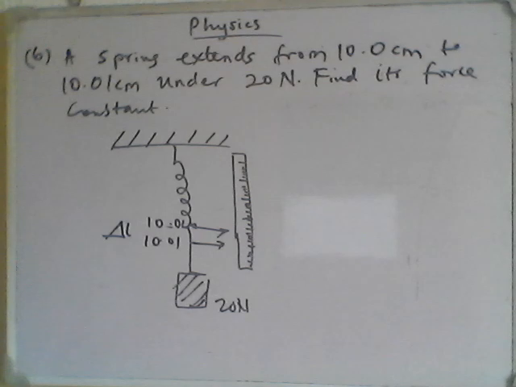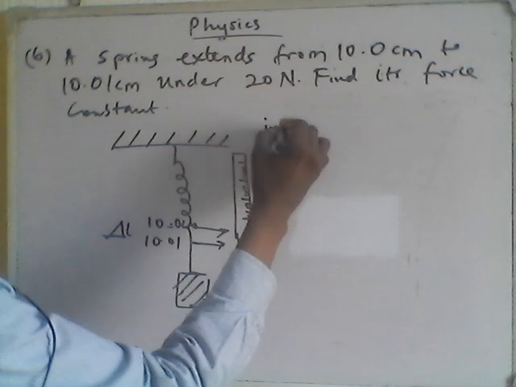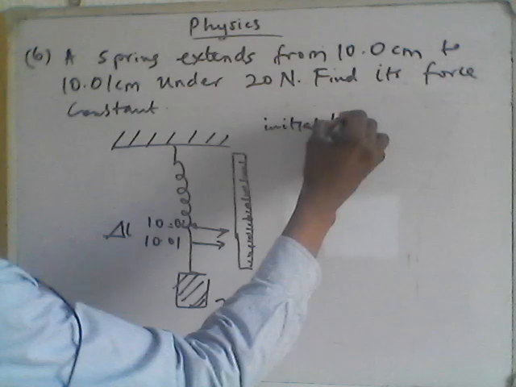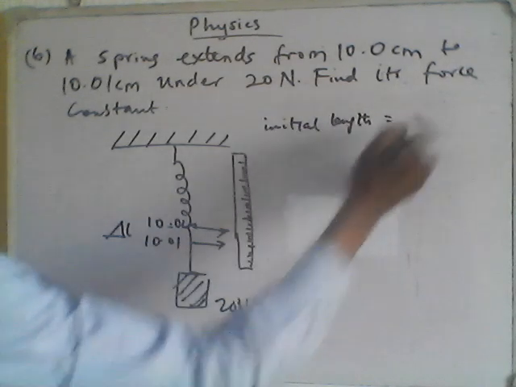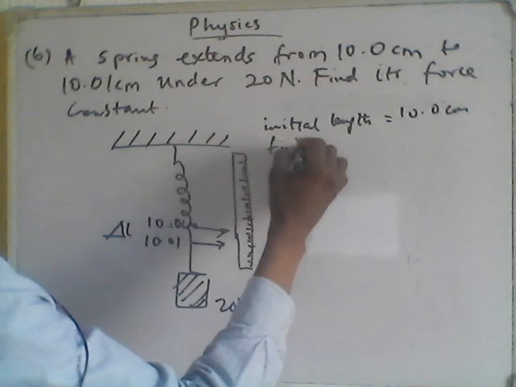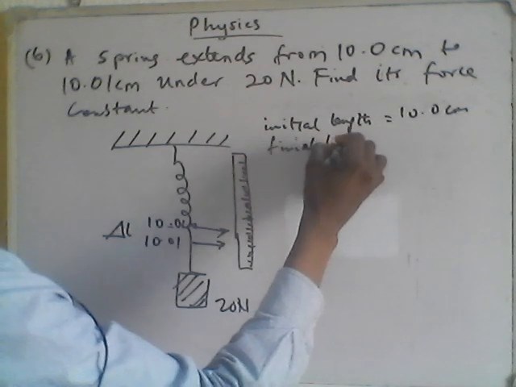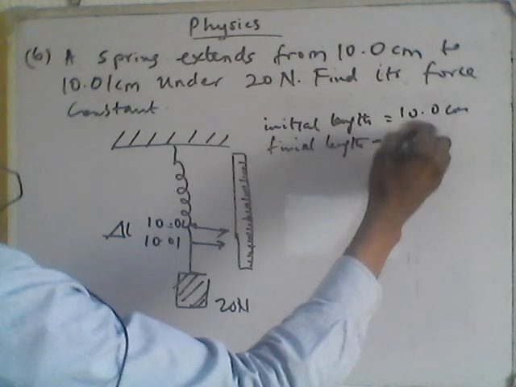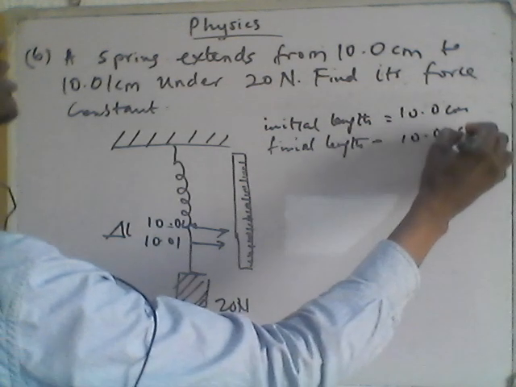Okay, so the initial length of the spring is 10.0 cm. Final length is 10.01 cm.